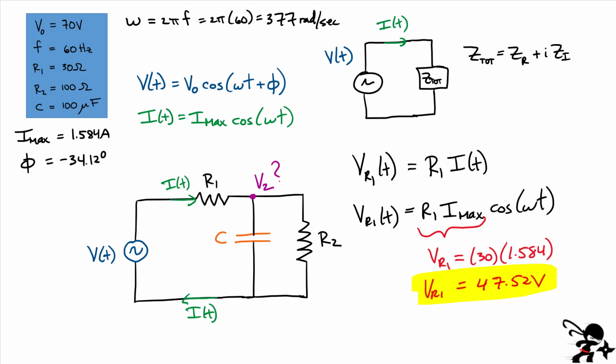However, it doesn't mean the current is going to be the same, because we have different values of impedance in each branch, and we can also have a different phase for the current in each branch. So the next step is to calculate the voltage at this point, then calculate the currents in these other branches, and then we'll be all done.